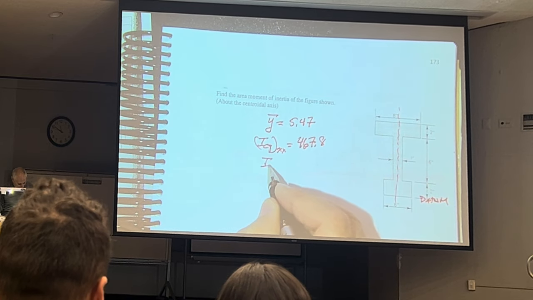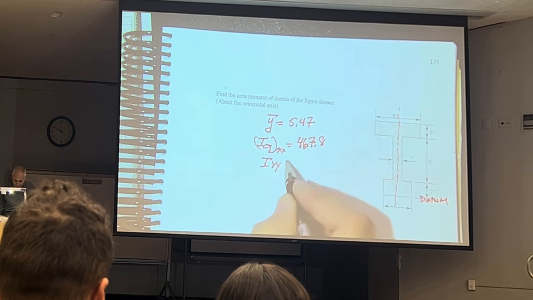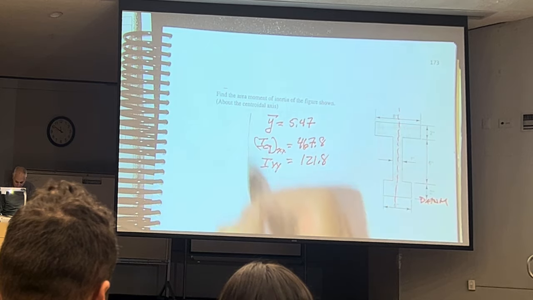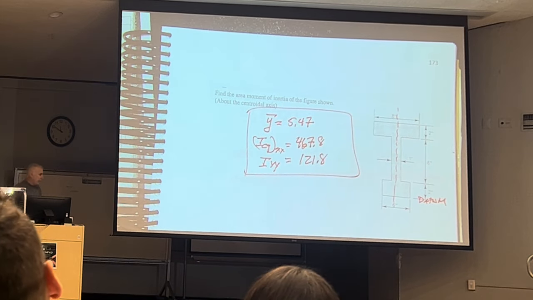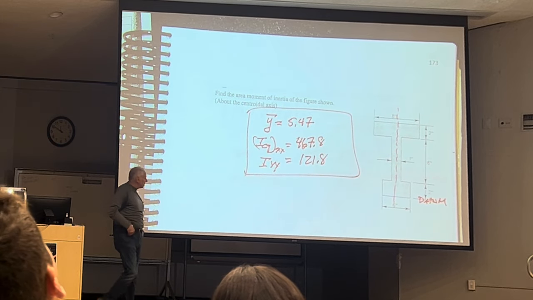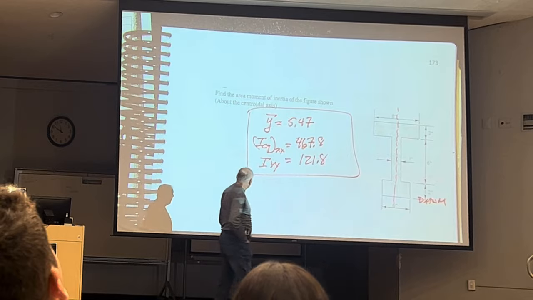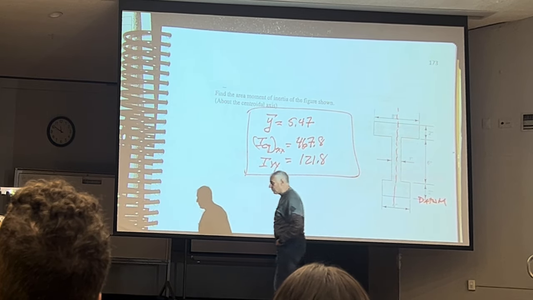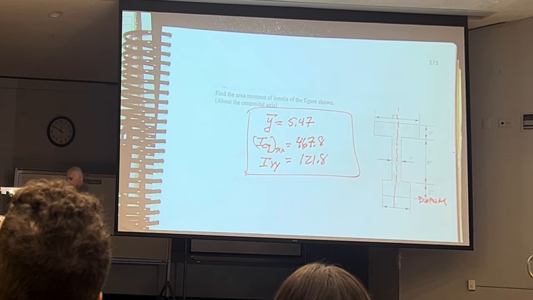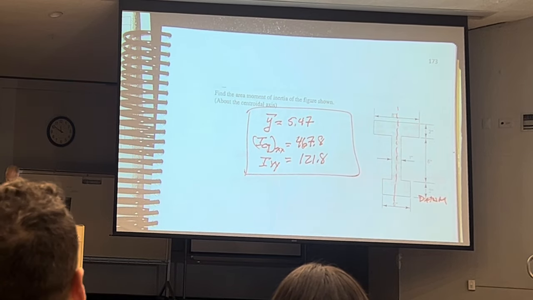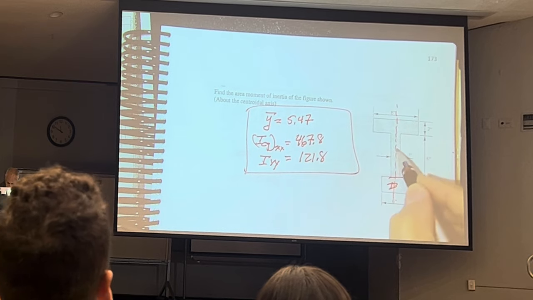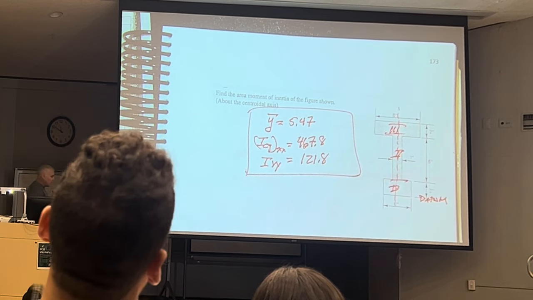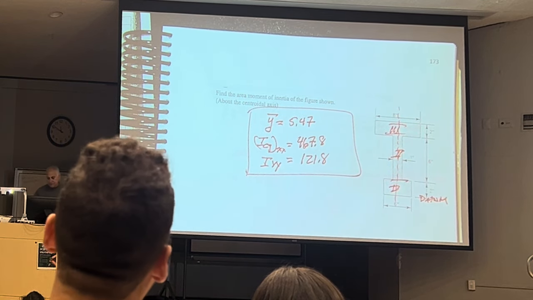The IYY is going to be 121.8. So if you want to do the X and the Y's, those are the values for it. And all I did is I broke it up into three pieces, namely piece 1, piece 2, and piece 3. Three different rectangles.